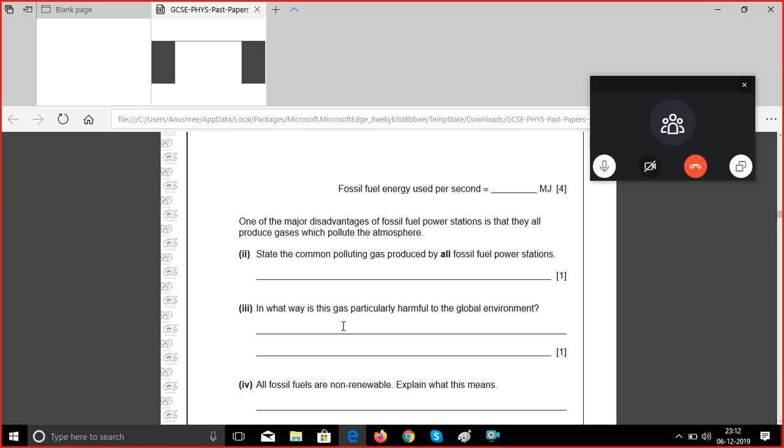That's why it raises the temperature of our atmosphere. So it causes global warming by trapping heat in the atmosphere and raising the temperature.